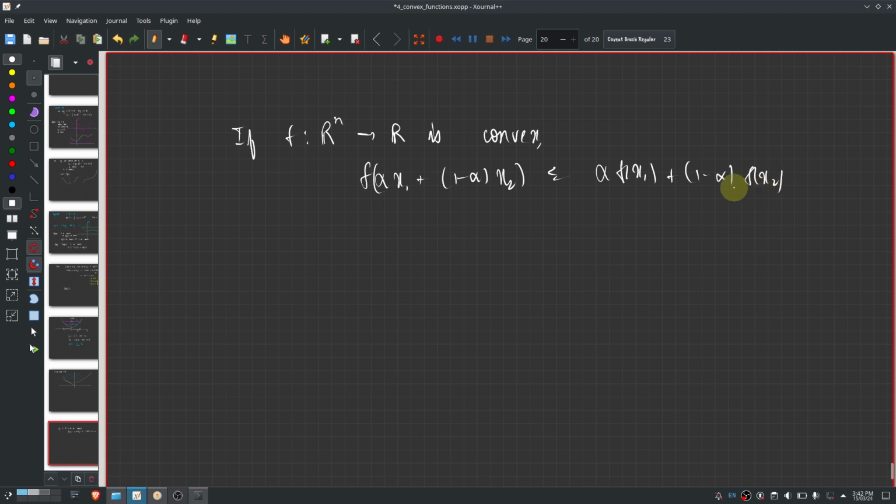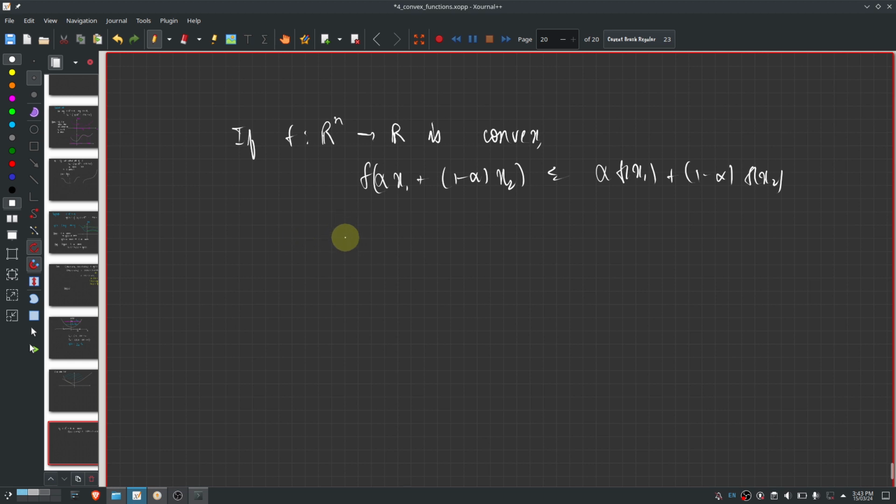But I can also generalize this to more than 2 points. I can look at m points and take a convex combination of those m points. What would the convex combination look like? Correct. Summation alpha i xi, but the summation of all the coefficients should be equal to 1.